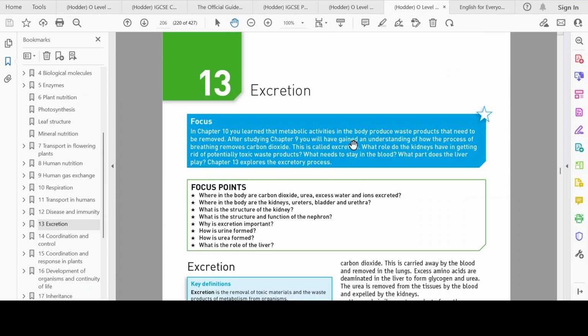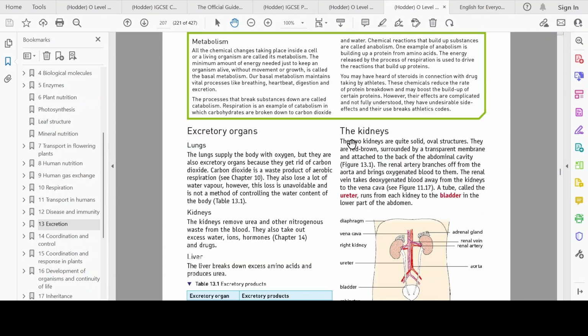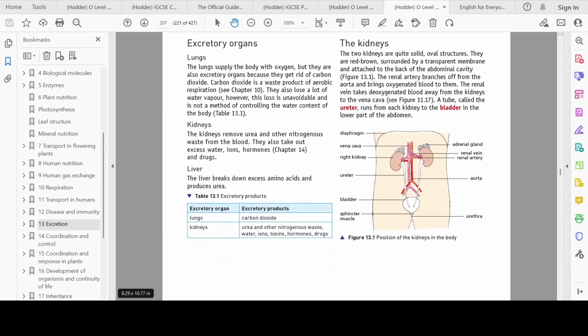And if you want a more anatomical image, let me pull something up so I can share that with you. Here's something.